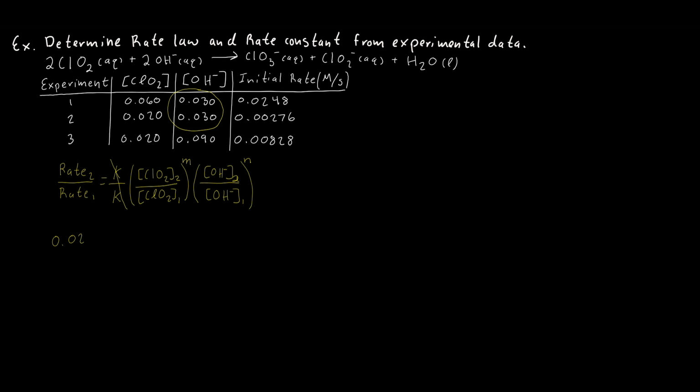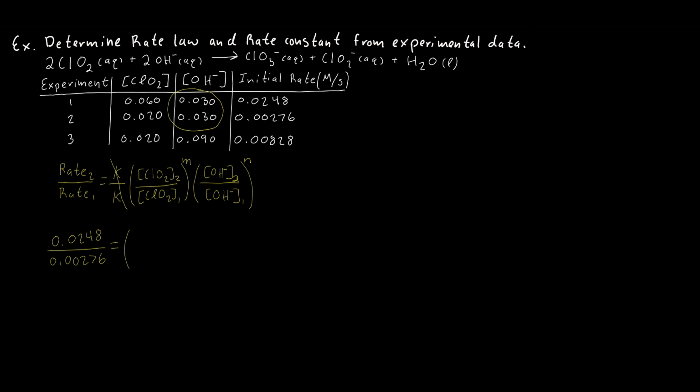So our rate is 0.0248 molar per second for experiment 1, and for the second experiment it is 0.00276. And then our K's cancel out, so we can ignore those.